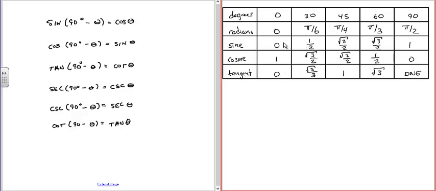And if you take the ratio of sine divided by the cosine, you get the tangent. So 0 divided by 1 is 0. 1 divided by 0 does not exist. Square root of 2 divided by the square root of 2 is 1. Here you get 1 over the square root of 3, but if you multiply and divide by the square root of 3, you'll get the square root of 3 over 3. And this divided by that, the 2's cancel out and you just get the square root of 3.